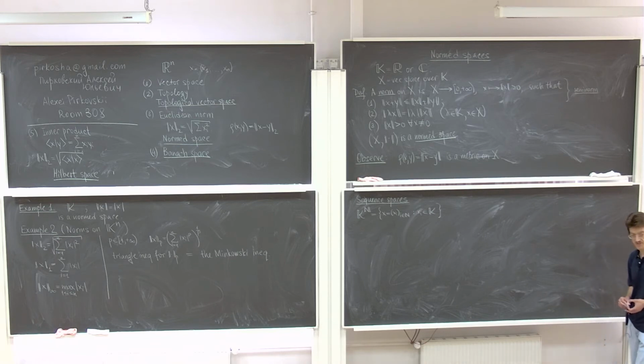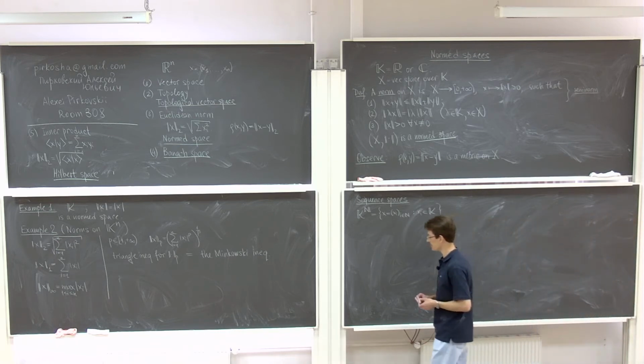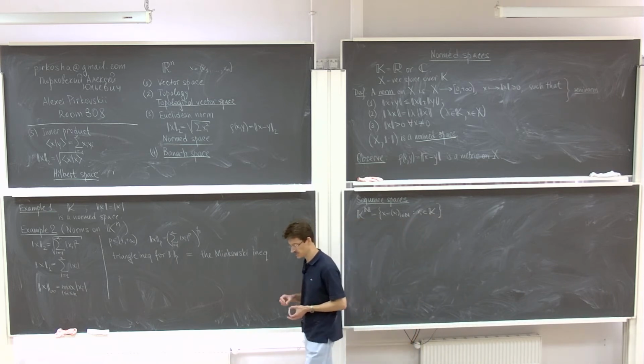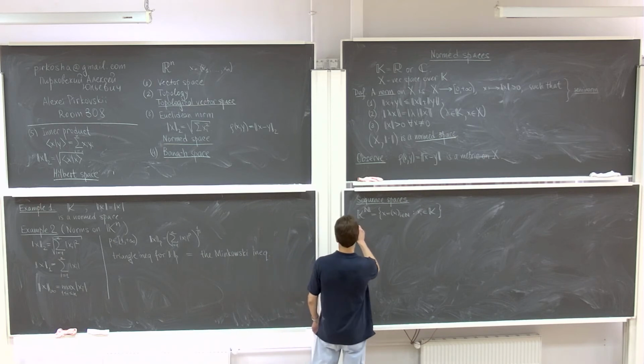So it doesn't have any natural reasonable norm. However, it contains many interesting normed subspaces. So example 3.